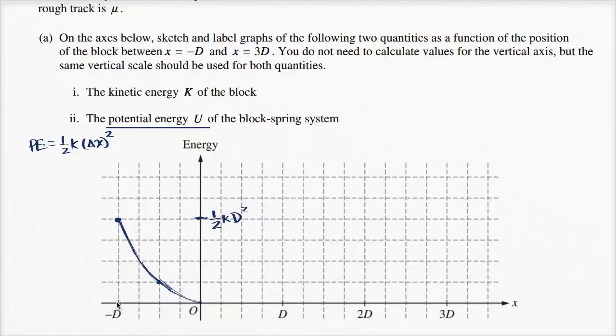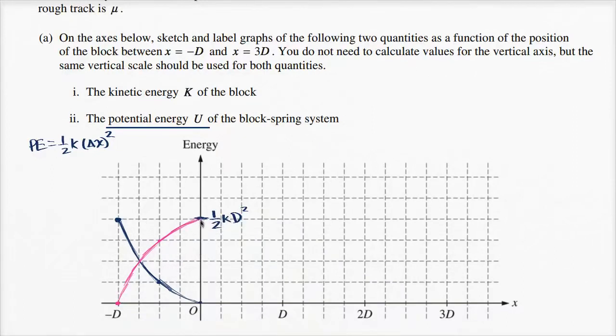The kinetic energy starts off at 0, it's stationary, but then the block starts getting accelerated, and the sum of these two things needs to be equal to 1/2 times our spring constant times d squared. You could see if you were to add these two curves at any position, their sum is going to sum up to this value.